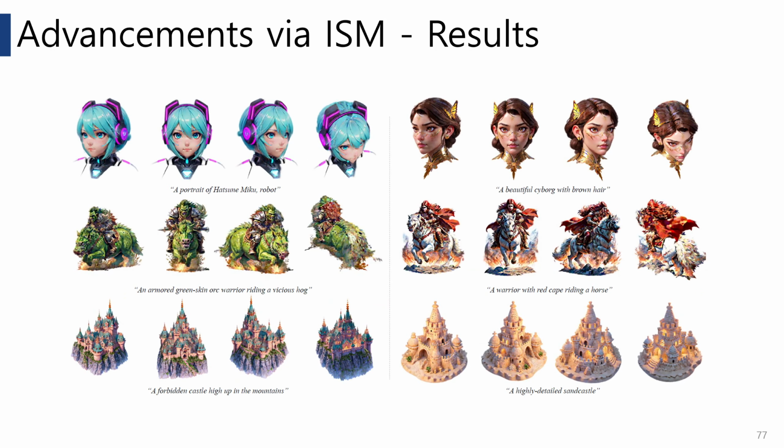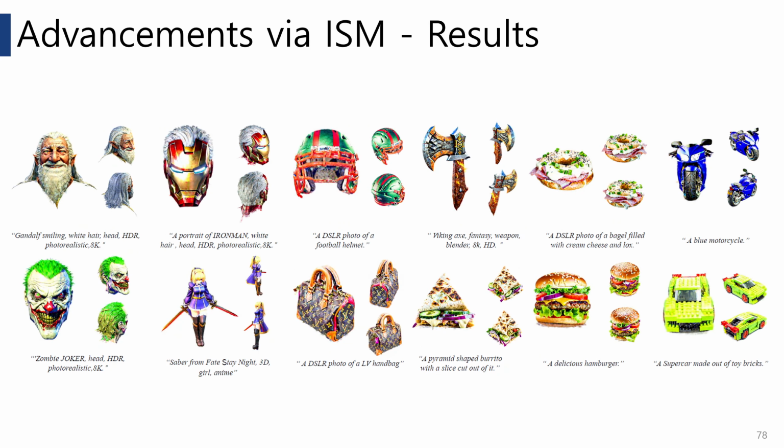Here are more results of text-to-3D generation using ISM. You can see how it generates highly detailed and beautifully rendered objects even for complex designs. With this, it's possible to create entirely new 3D models that don't exist in the real world, like a white-haired Iron Man or a zombie Joker.